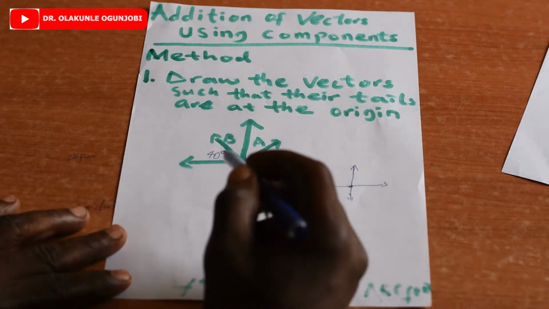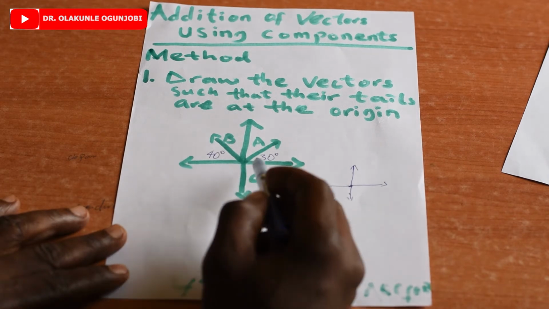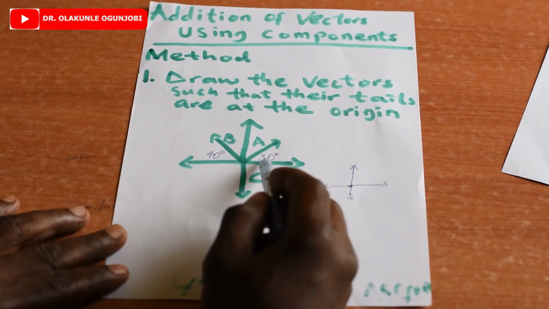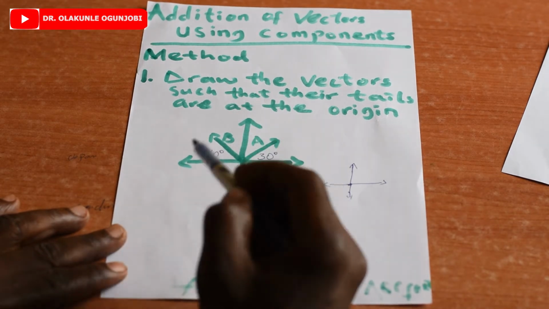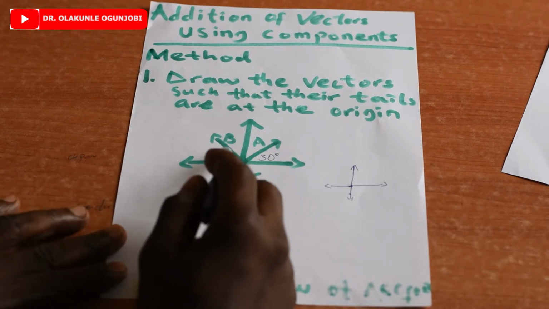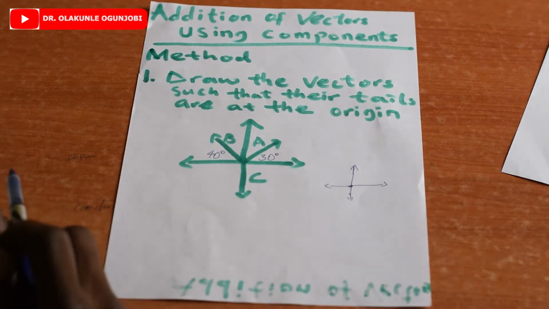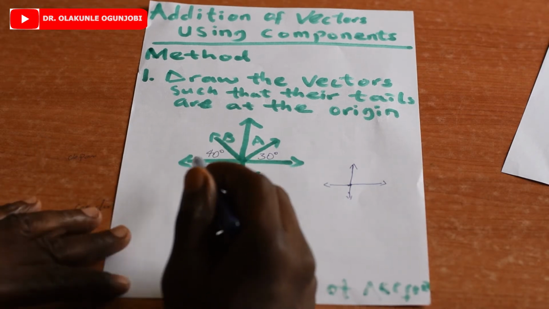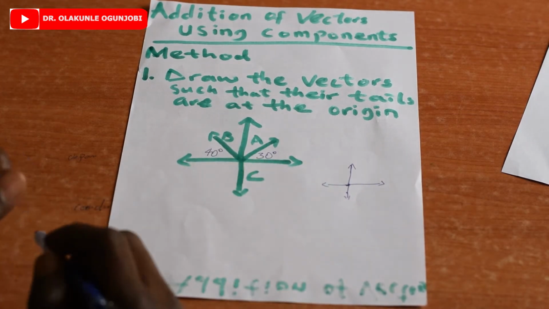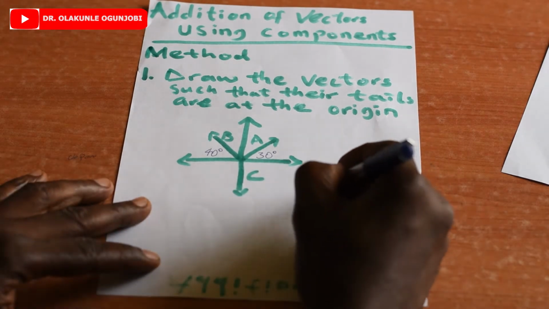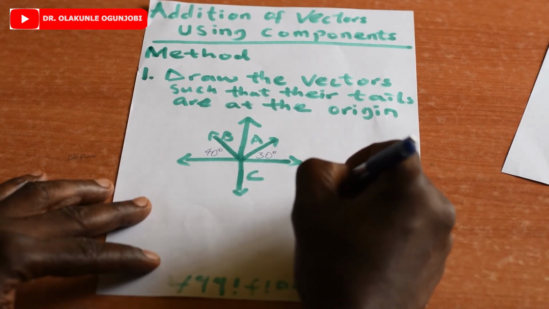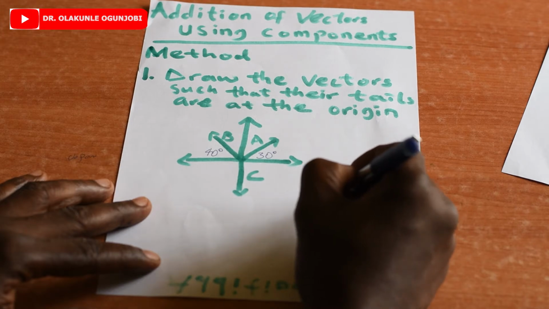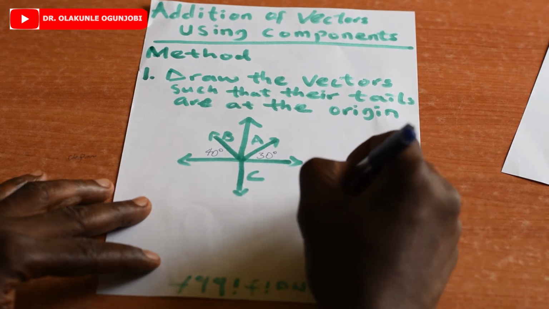Vector A forms an angle of 30 degrees here with the positive x-axis. Vector B, on the other side, forms an angle of 40 degrees with the negative x-axis. This is your negative x-axis here.